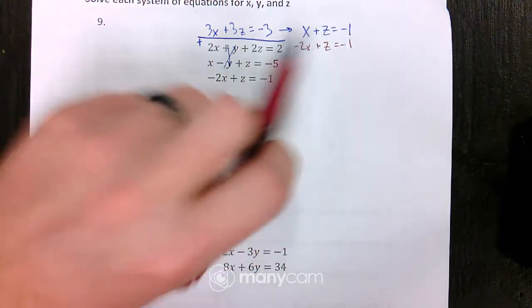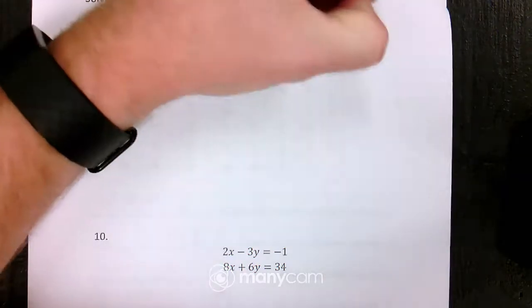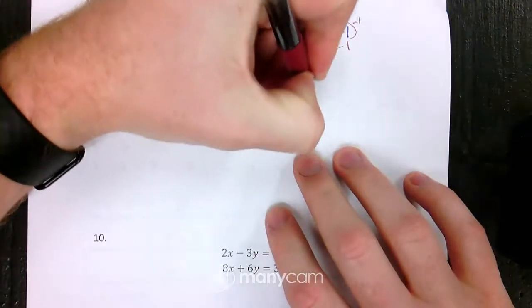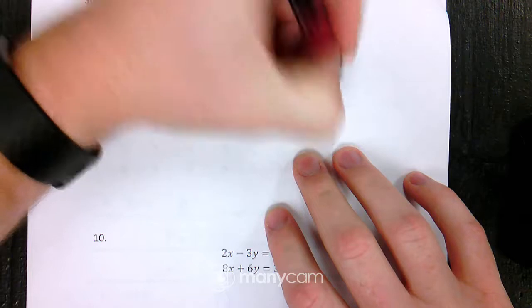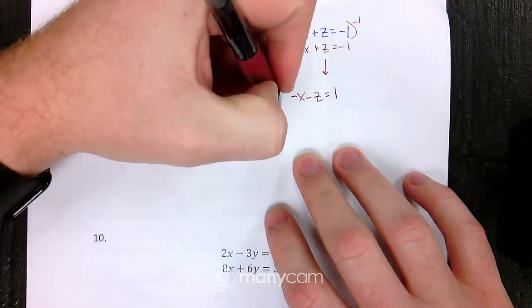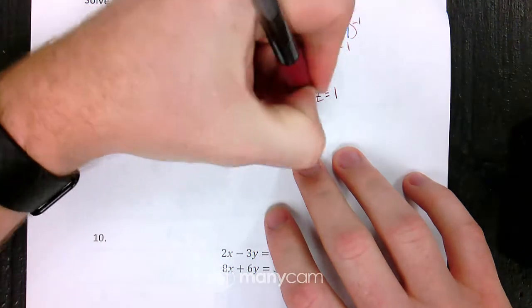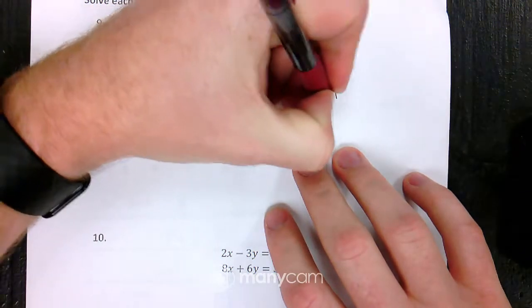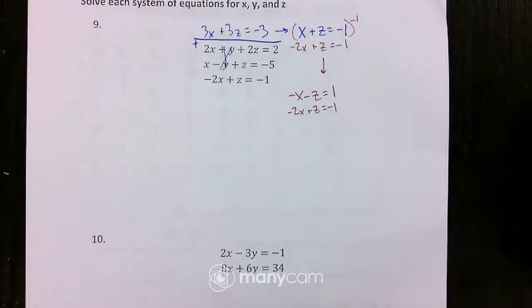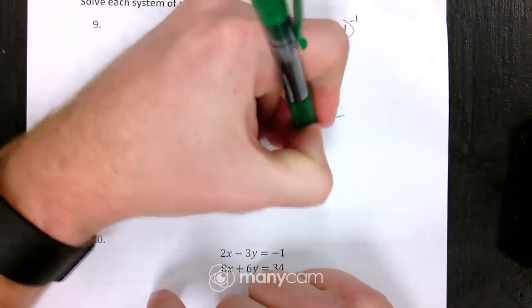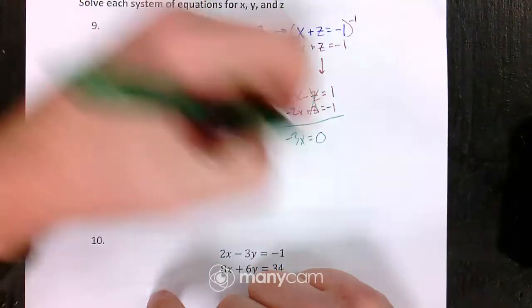And then the other thing I have to deal with is this z problem. I can just multiply one of these by negative 1. I'll go ahead and do this top one. So that gives me negative x minus z equals 1, and then I have negative 2x plus z. This one stays the same, right? Alright, then I'm going to add those together. That gives me negative 3x equals 0, because those cancel.